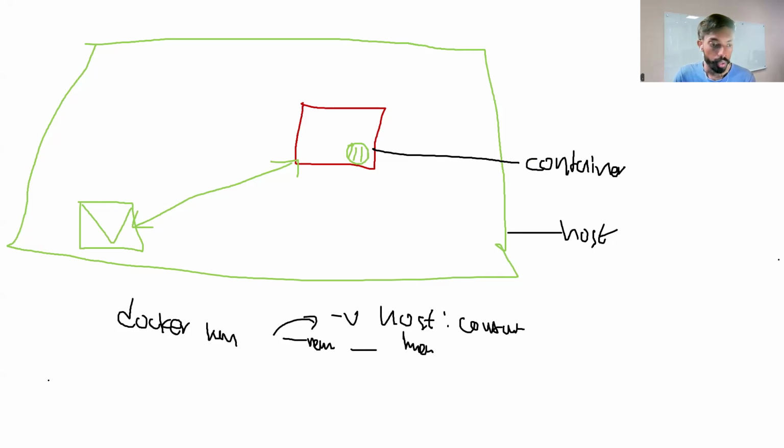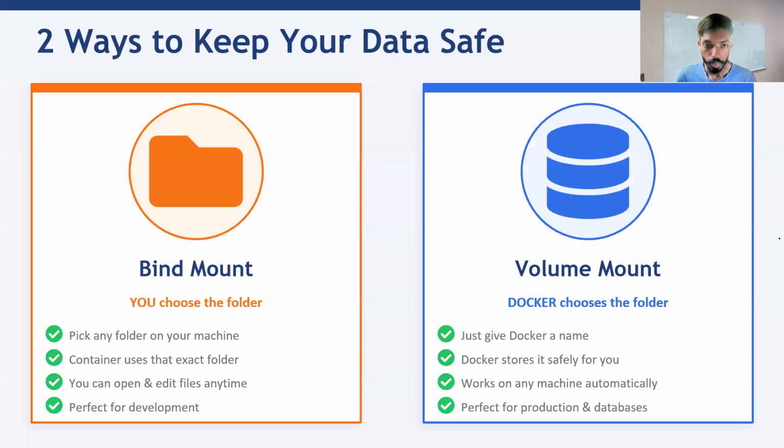So then, this is basically the two ways to keep your data safe, but both methods are based on the concept that we have discussed, right? One is bind mount, the other one is volume mount.